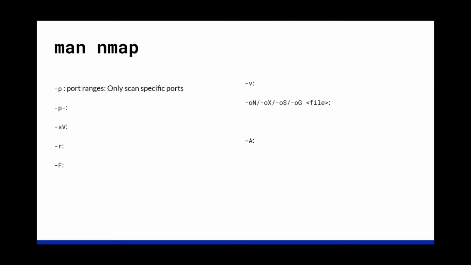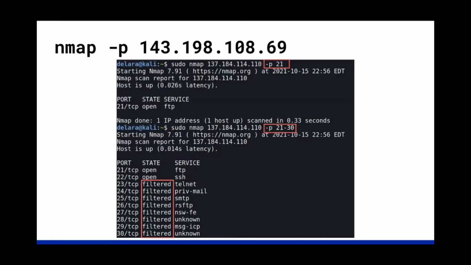When you use -p, you give Nmap a specific range or a specific port to scan. As we saw earlier, if you don't give anything to Nmap, it'll scan the top 1,000 ports. So if you don't want it to do that, and you want a specific port or a specific range of ports to scan, you do -p.